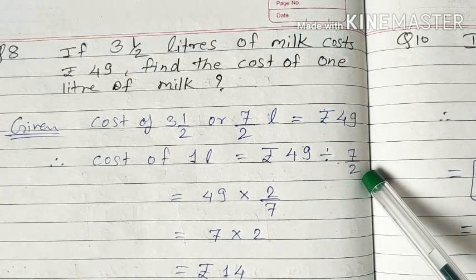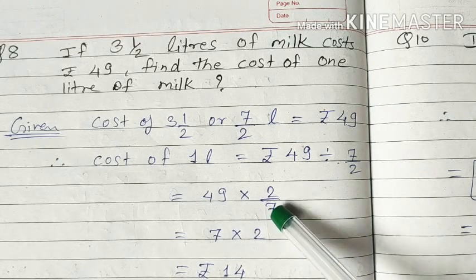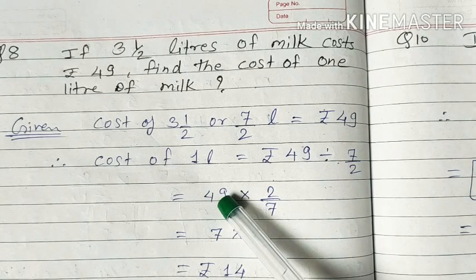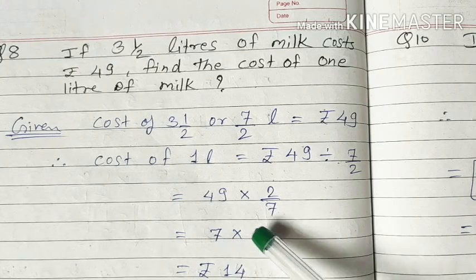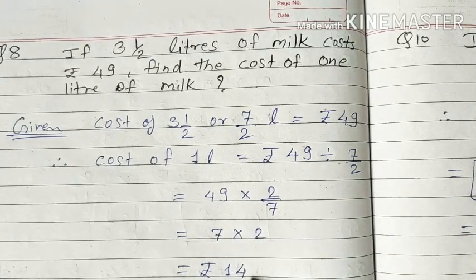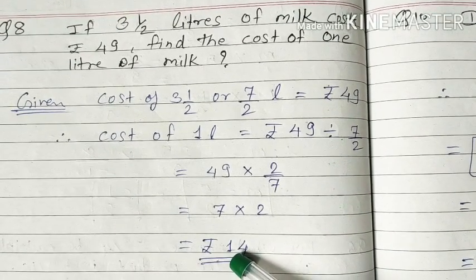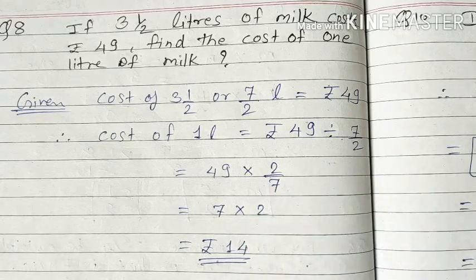The reciprocal of 7 by 2 will be 2 upon 7. 7 ones are 7 and 7 sevens are 49. So it becomes 7 multiplied by 2, which is 14. Therefore we can say that the cost of 1 liter of milk is rupees 14.